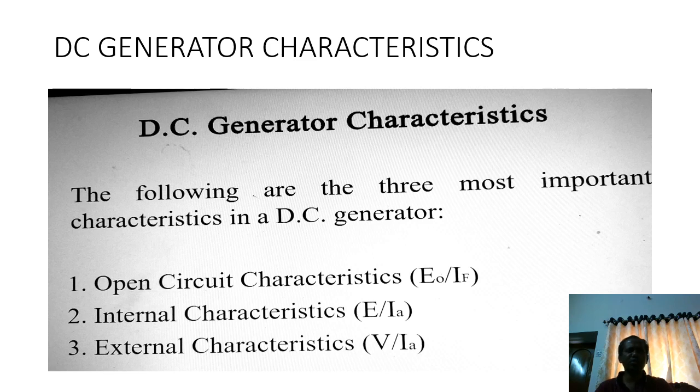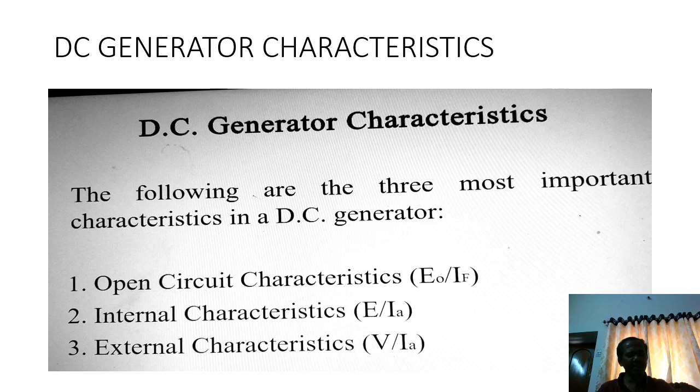There are three most important characteristics in a DC generator. One is open circuit characteristics: draw E0 versus field current, at the condition that speed is constant, which is called open circuit characteristics.